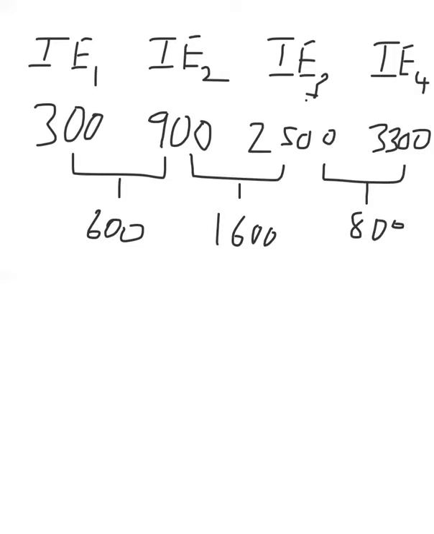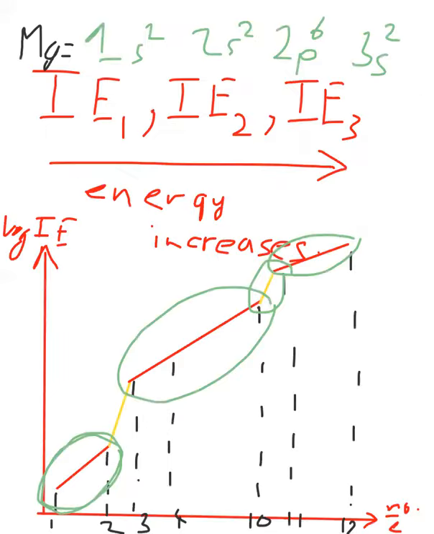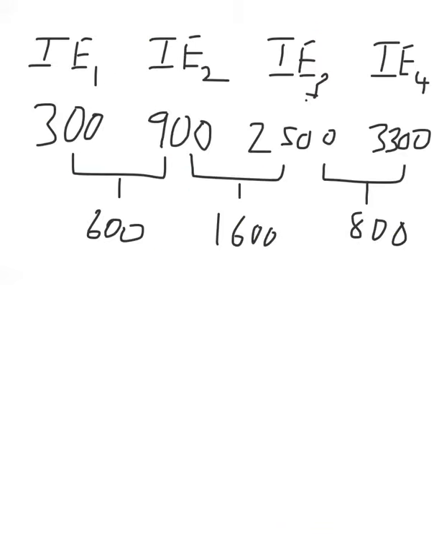We have to see where there is the greatest gap, because as we saw in our graphs, when there is the largest gap, there is a change in shell. So over here, the largest gap is between IE2 and IE3. That is of 1600.